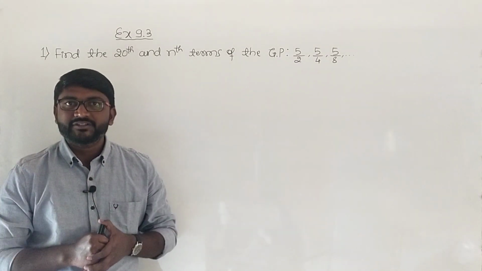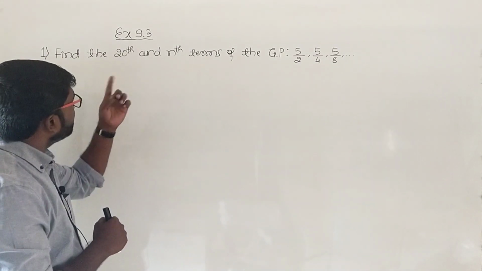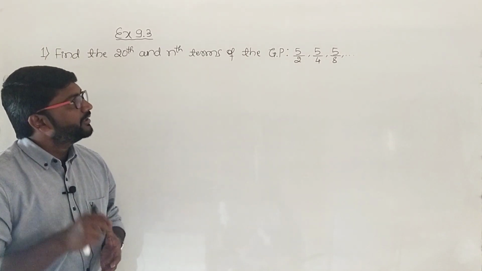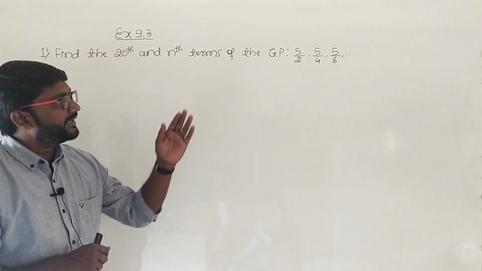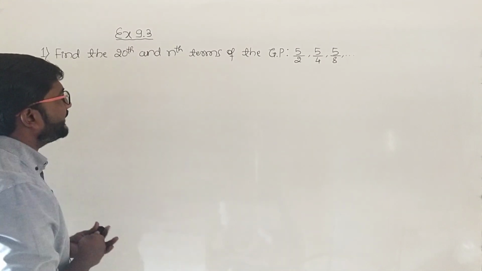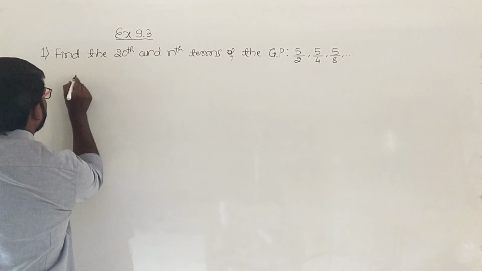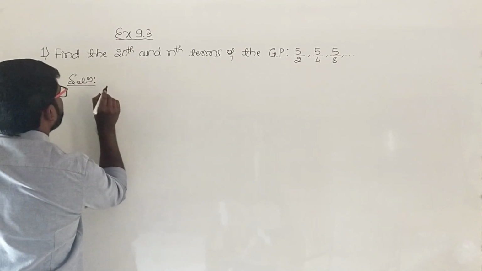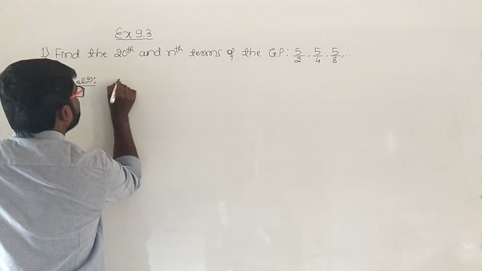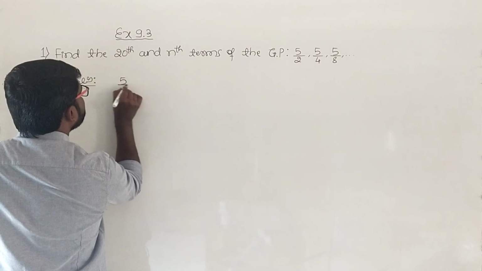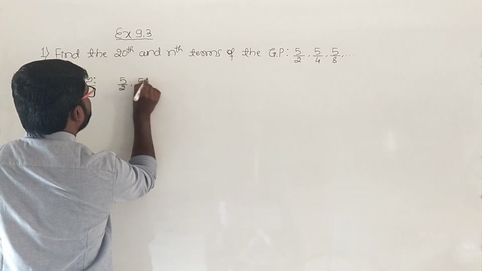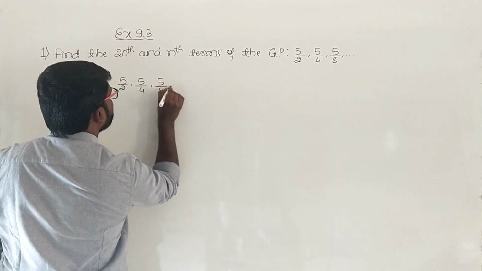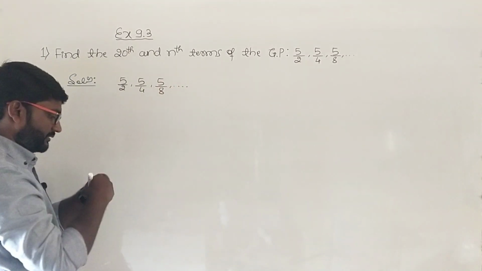In that, the first question is: find the 20th and nth terms of the GP 5 by 2, 5 by 4, 5 by 8 and so on. Let me write the given geometric progression: 5 by 2, 5 by 4, 5 by 8, and so on.